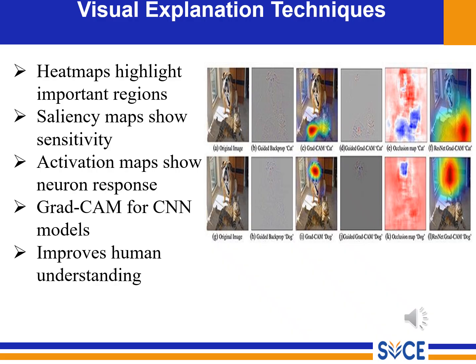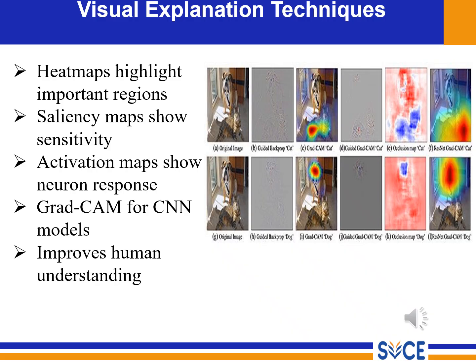Saliency maps show how sensitive the model is to each input feature. Activation maps reveal which neurons fired in response to the input.